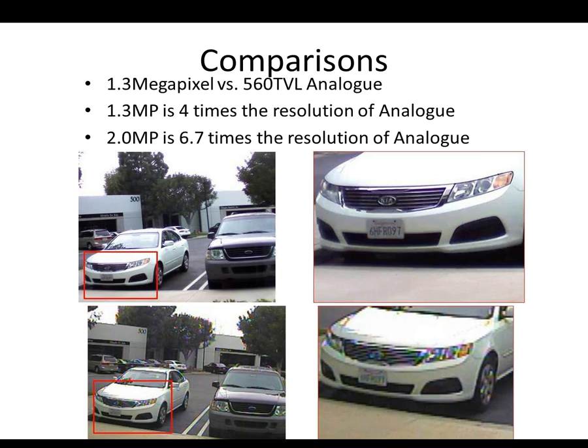As you can see, the top picture is a megapixel camera compared to the bottom picture, which is from an analog camera. On the pictures on the left, you might not see much of a difference because the field of view is so wide, but where you will really be able to tell the difference is when you digitally zoom in, as in the right pictures. As you can see, the megapixel line is a lot more clear, and you can zoom it up much more than a standard analog.